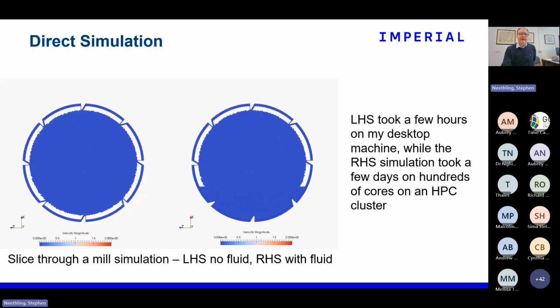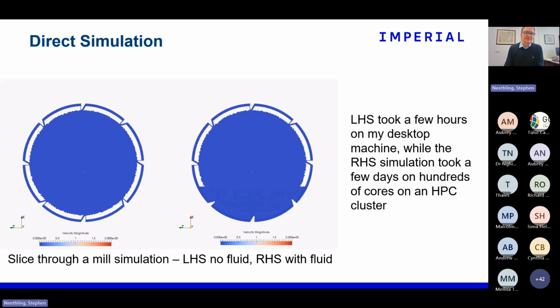In these cases, this is showing a simulation where we're doing the direct simulation, or more correctly, the right-hand side is the direct simulation. The left-hand side is a pure DEM simulation. So this is a slice through a mill. And if you're looking at the left-hand simulation, I did that on my desktop machine. It took a few hours.